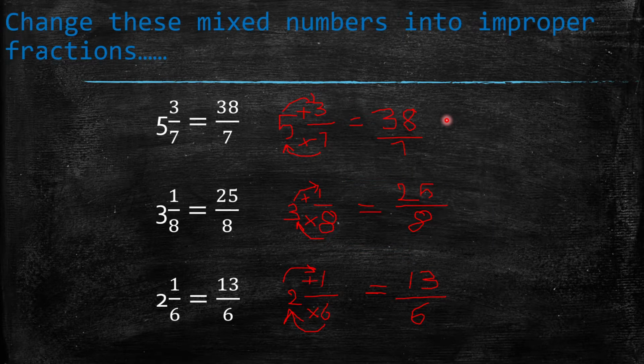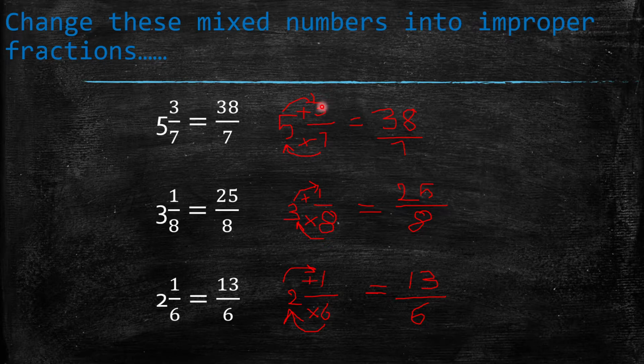So let's look into changing these mixed numbers into improper fractions. So this is 5 wholes and 3/7. That equals 38/7. So this is 5 and 3/7. So what we do is 7 times 5 equals 35, plus 3 is 38.